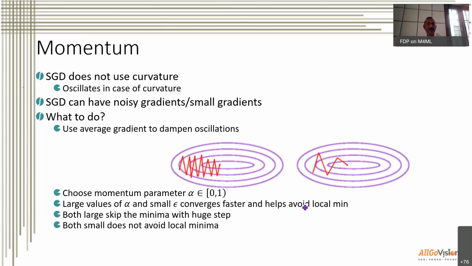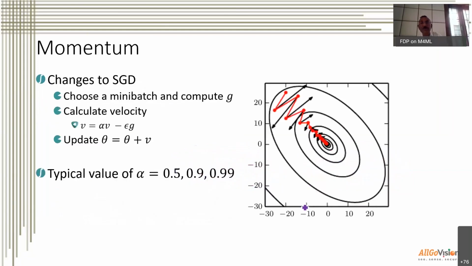First we will see how the method is used, and then some of the next three points I've written there. What changes do we need to make to SGD if we want to use momentum? You choose a mini batch and compute your gradient g.